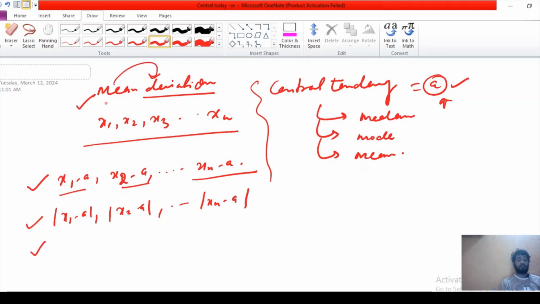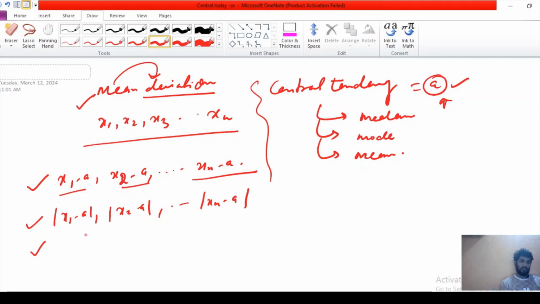Mean deviation means mean of deviation. So what is the formula of mean? Sum of all the observations. Here the observation is the absolute value, and that is the new observations.